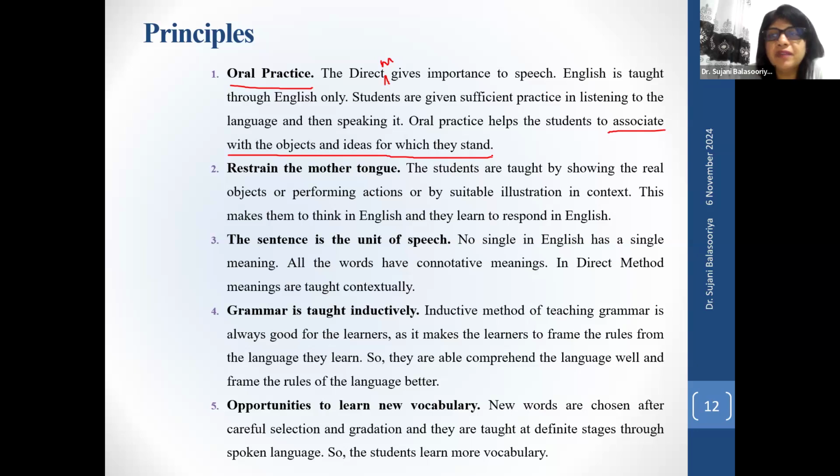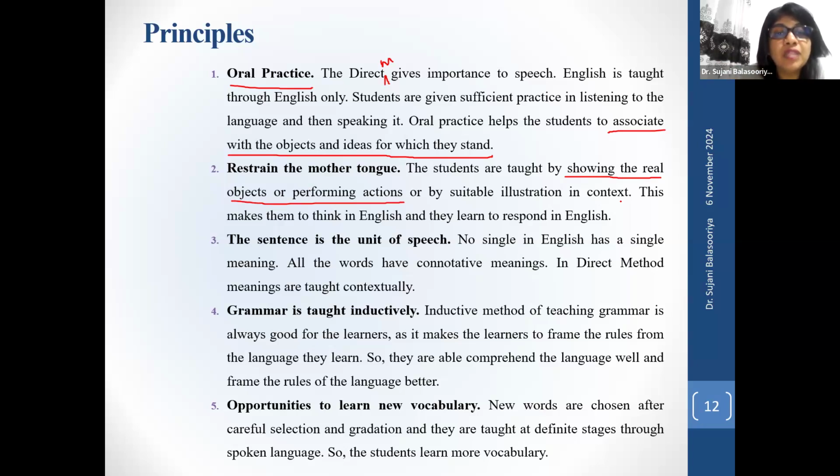In the second principle, we say the mother tongue is limited, right? Restrained. The mother tongue. Students are taught by showing the real objects or performing actions. So this is the point, right? Teacher is teaching the student, showing the real. Sometimes the teacher is modeling or demonstrating real objects or performing actions or by suitable illustration in context directly, right?